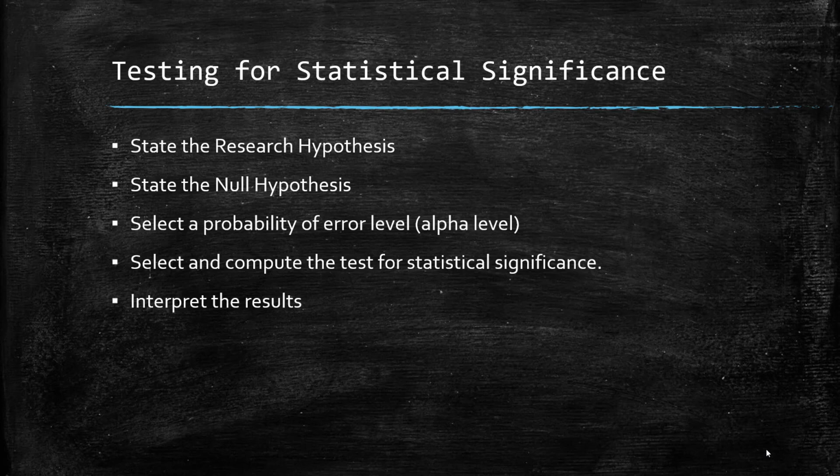Ideally, when you set up your study, you're going to have the research hypothesis stated ahead of time, which then goes with your null hypothesis, and this is what you'll be testing when you do your statistical analysis.